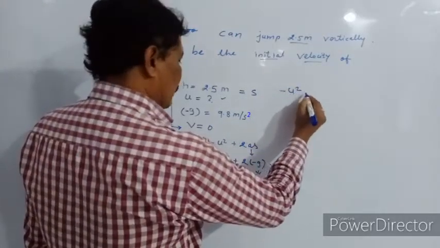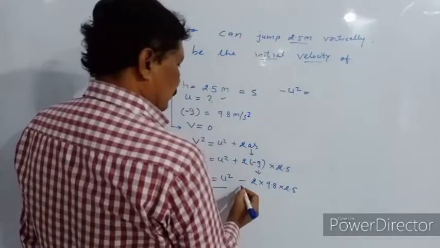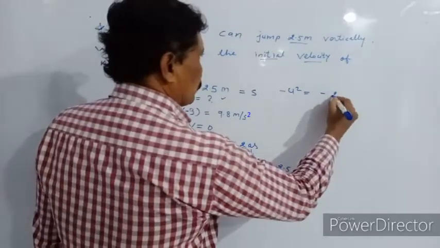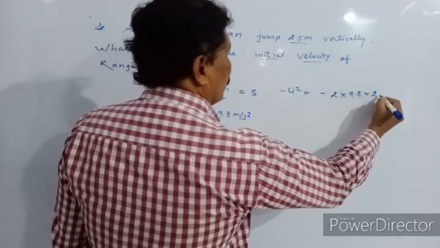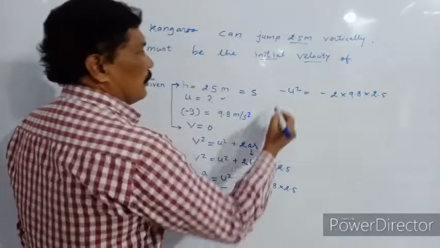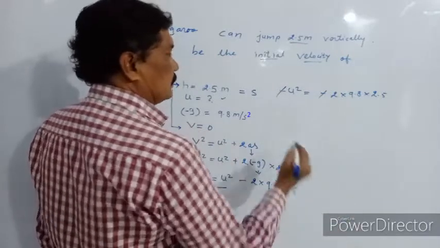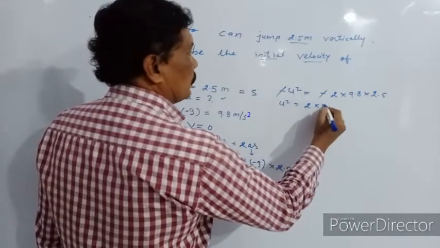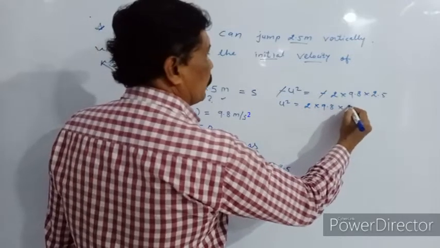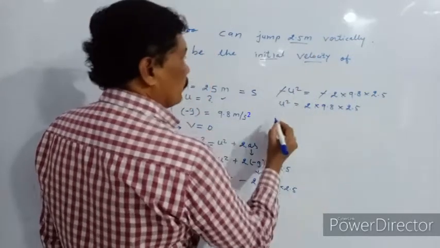Minus u square is equal to, minus is left, minus twice into 9.8 into 2.5. Minus gets cancelled. U square is equal to twice into 9.8 into 2.5.